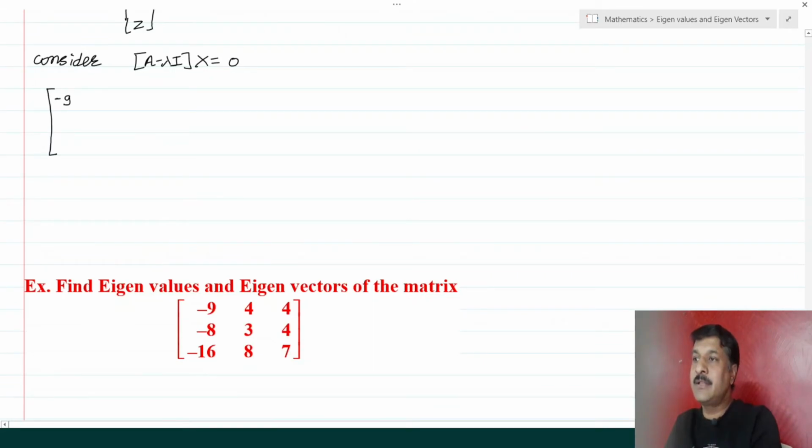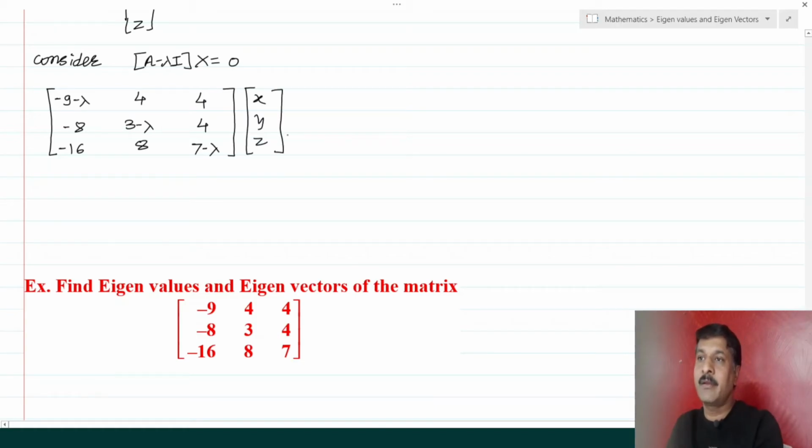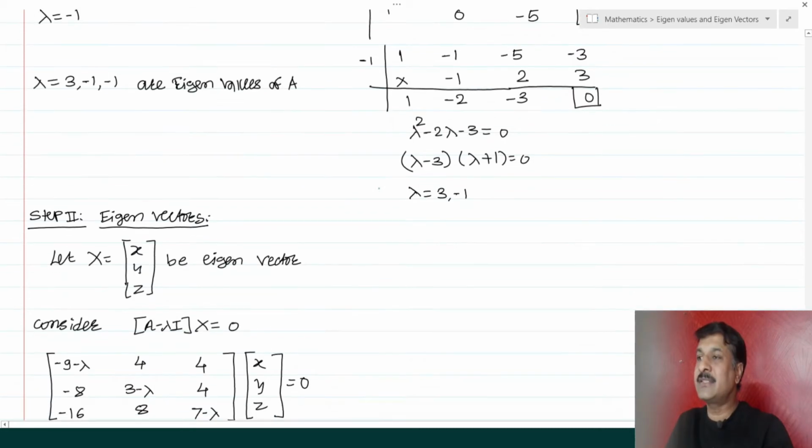Here minus 9 minus lambda, 4, 4, minus 8, 3 minus lambda, 4, and minus 16, 8, 7 minus lambda into X. X is what here? It is x, y, z equal to 0.